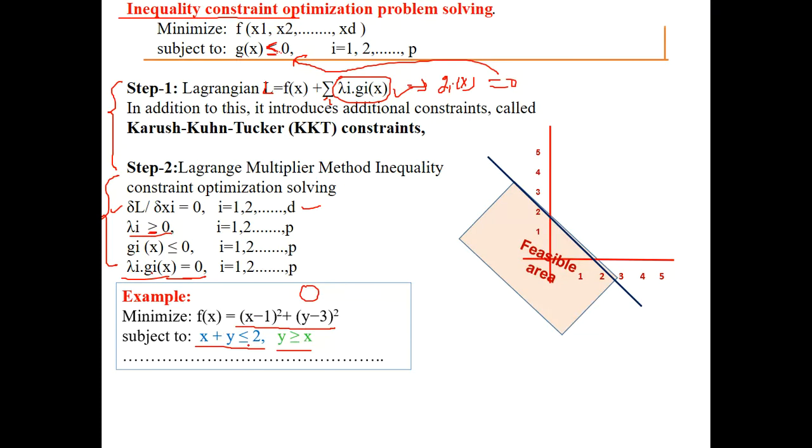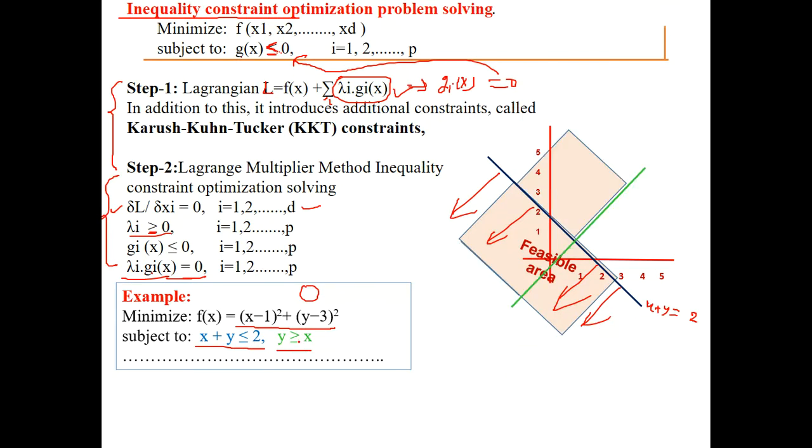This is the first constraint, the line x plus y is equal to 2, and less than or equal to 2 means this side is your feasible region of constraint 1.